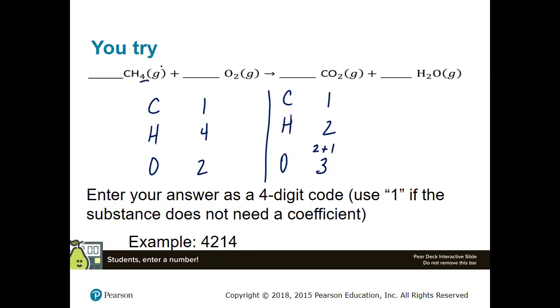But for the hydrogen, I look over to the water and see that for the 4 hydrogens that I need, I only have 2 per water, so I need 2 waters to give me those 4 hydrogens. 2 times 2 gives me 4 hydrogens. 2 times 1 now gives me 2 oxygens, plus the 2 that are already here, for a total of 4.